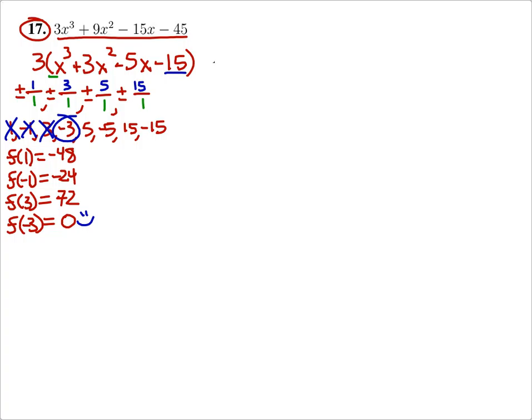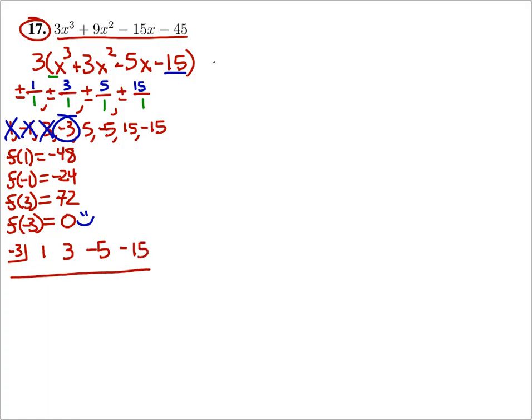Great. That means we need to go ahead and use synthetic division with -3 on our polynomial now. -3, we're going to synthetically divide into 1x cubed and 3x squared and -5x and -15.